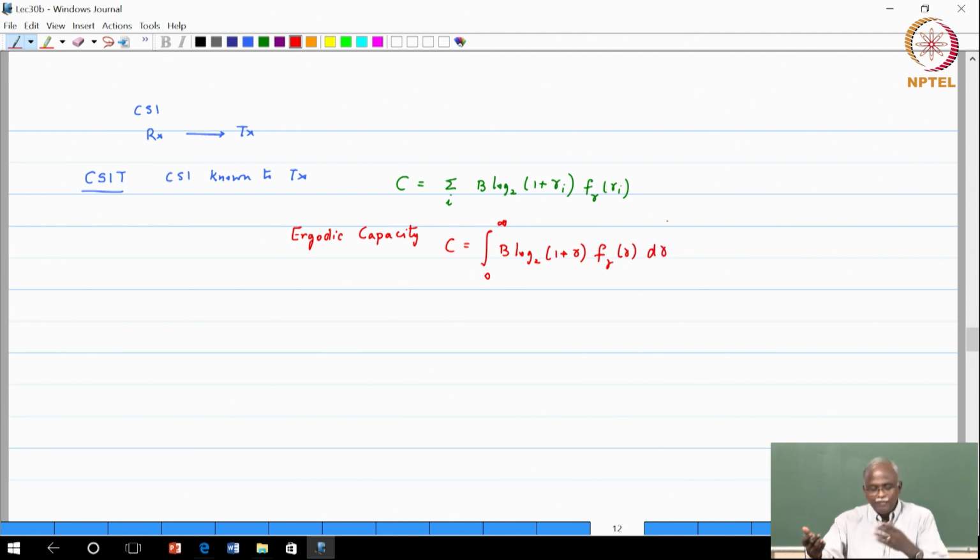So, basically the summation became an integral. Okay. So, in the general case, we say that the ergodic capacity is defined as the expected value of the capacity of the channel, which is given by the expected value of logarithm base 2 of 1 plus gamma. That is exactly what it is.